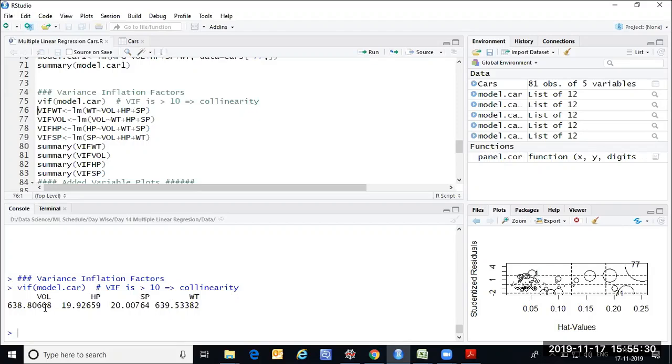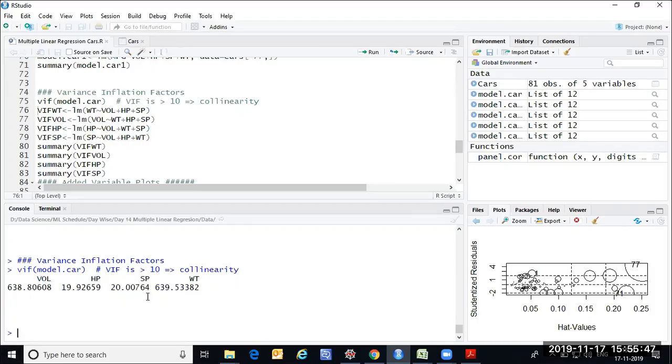So if you need to drop a particular variable, it would be the variable having a VIF value of more than 10. But here, all the variables have more than 10. Volume and weight have the highest values. So we are not getting a hint as to which one to drop or which one to retain.